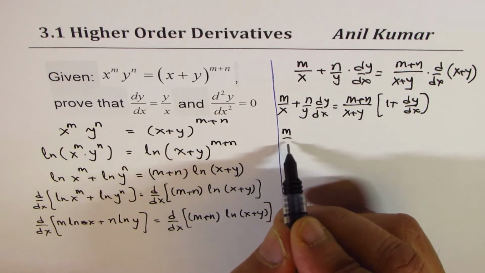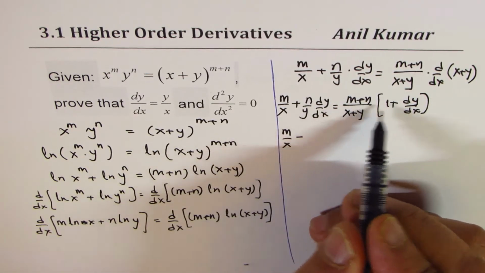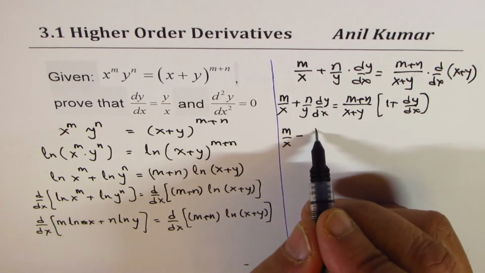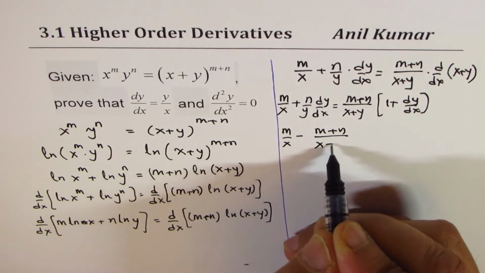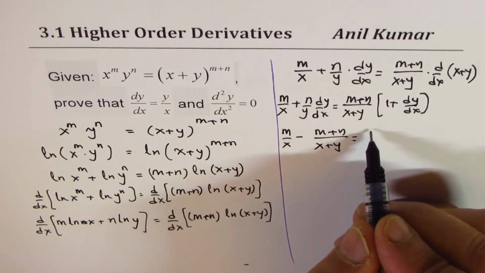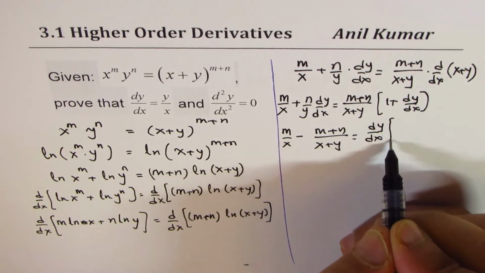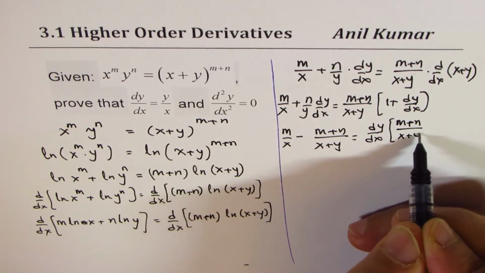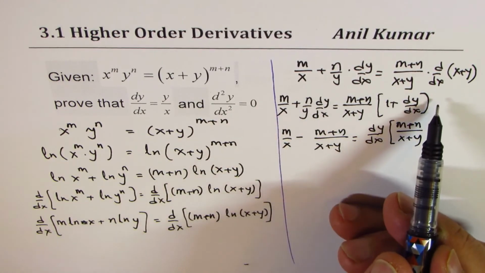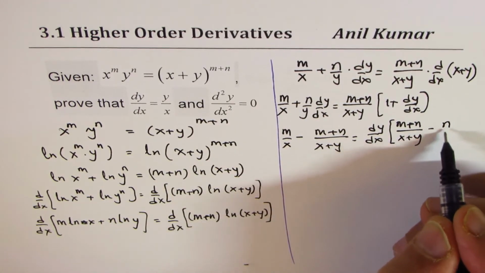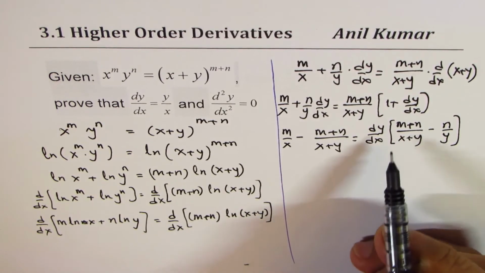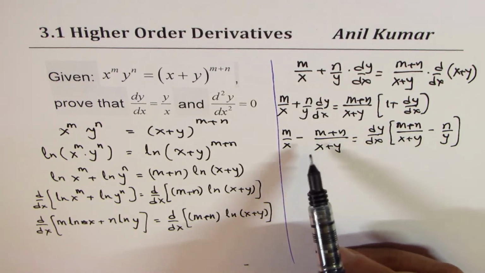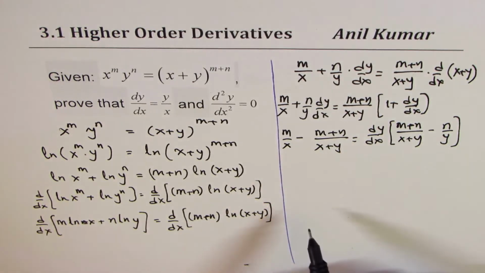So we have m over x minus, when you multiply this by 1 and bring it to the left side, it gets a minus, (m plus n) over (x plus y). And here we are taking dy/dx common. So we get this factor, (m plus n) over (x plus y), and we'll bring this to the right side, which is minus n over y. So I kind of saved one step here. I'd like you to go through this once again and check for yourself how we get this result.